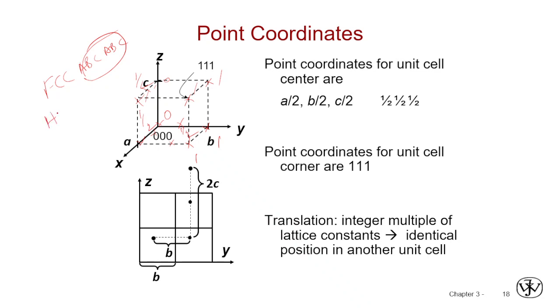And for HCP, it was like this, right? AB AB. So this sort of sequence we can find out through Miller indices. If we take a particular crystal and do X-ray diffraction, we will get certain peaks.